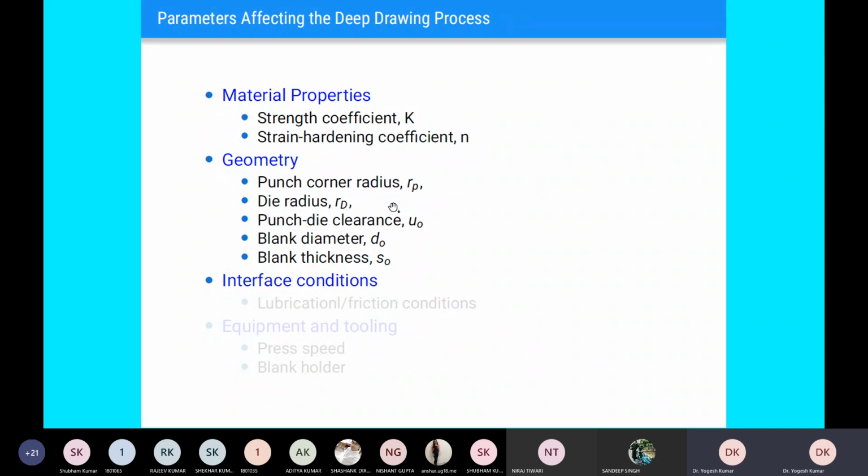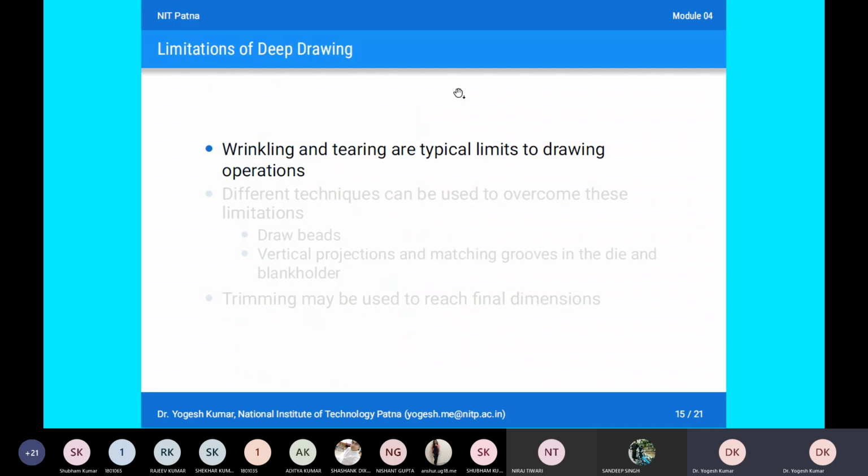Then there are interface conditions, with lubrication or without lubrication, that is the friction conditions during your drawing process. Also there are equipment and tooling factors, that is speed and blank holder, which affect your drawing process.